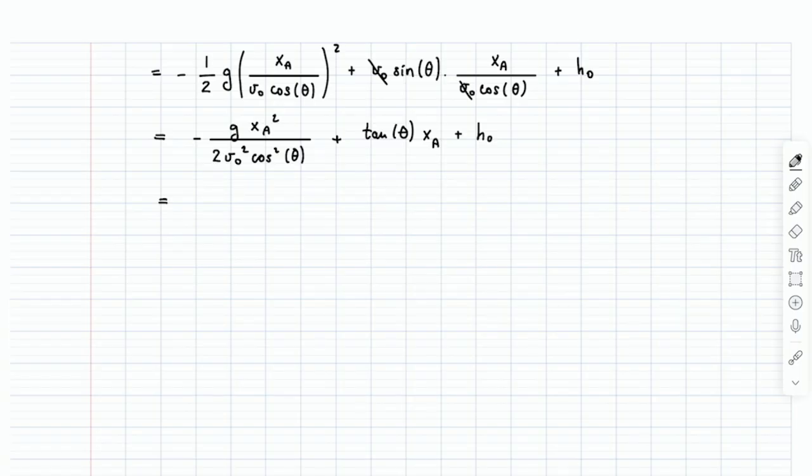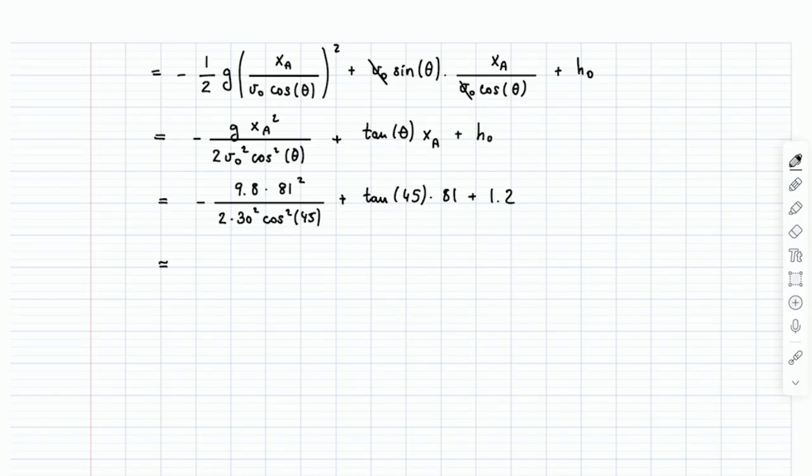So we were computing this and plugging in all the variables. And now basically we just plug in the values, so it's going to be minus 9.8 times 81 squared divided by 2 times 30 squared cosine squared of 45, plus tan 45 times xa, which is 81, plus 1.2.